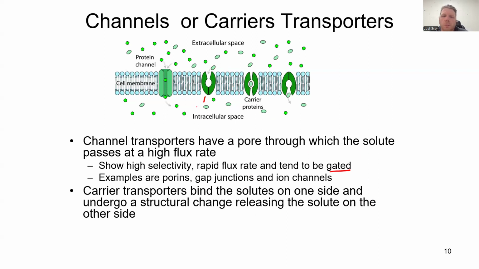So these carrier proteins are right here. Think of them as basically having three different phases or permutations. This is number one, this is number two, and this is number three.